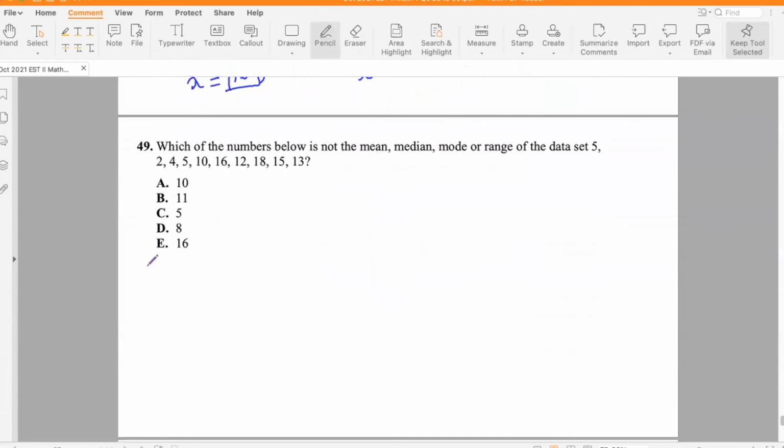Which of the following below is not the mean, median, mode, or range of this data set? Okay, so let's just put it in order. 2, 4, 5, 5, 10, 12, 13, 15, 16, 18.